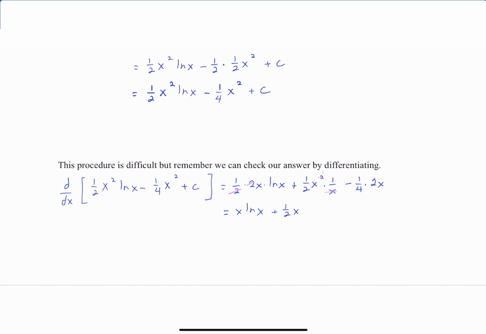Then I have a minus, and in the last spot, 1/4 times 2 is 1/2, so I've got a 1/2 x there, and yay, the 1/2 x's cancel each other out, leaving me just x ln of x. So we are correct in our antiderivative, or indefinite integral, for x ln of x.